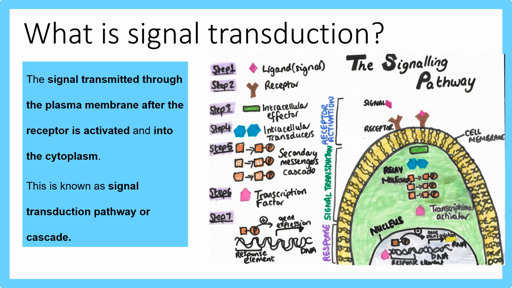So the plasma membrane is the barrier that controls what enters and leaves the cell, and therefore the signal is able to pass through to the cytoplasm. So when it enters into the cytoplasm, this is now known as the signal transduction pathway or the cascade.